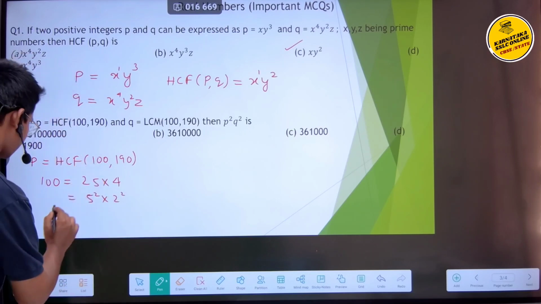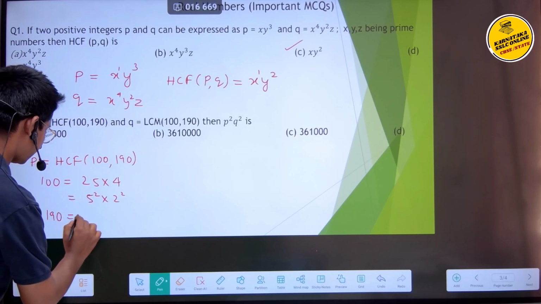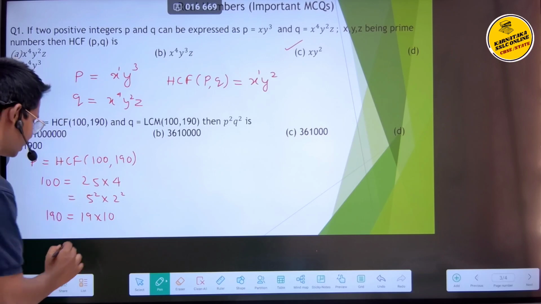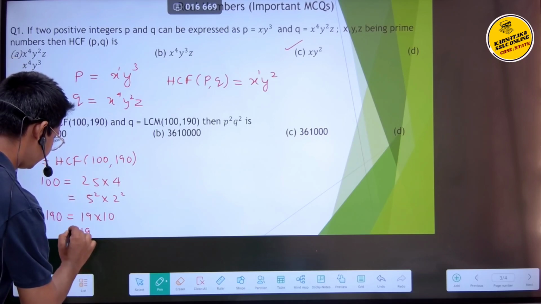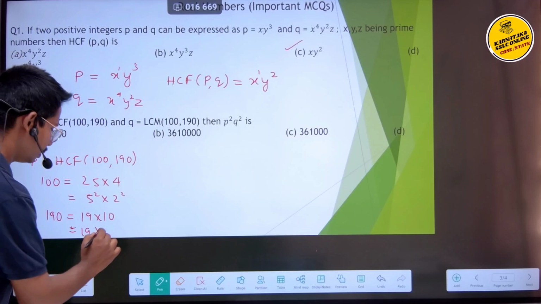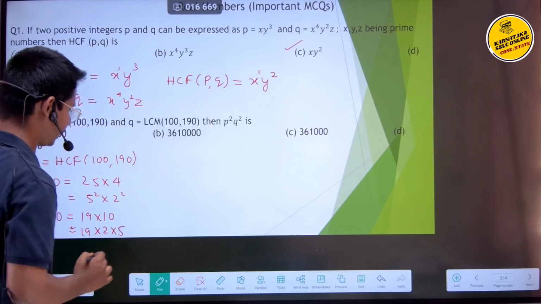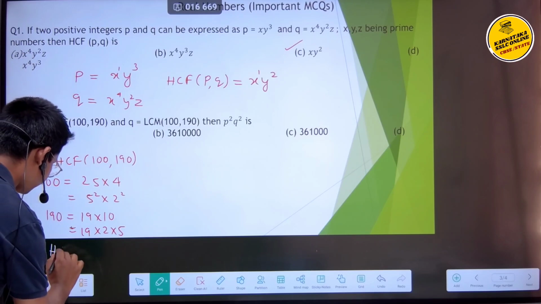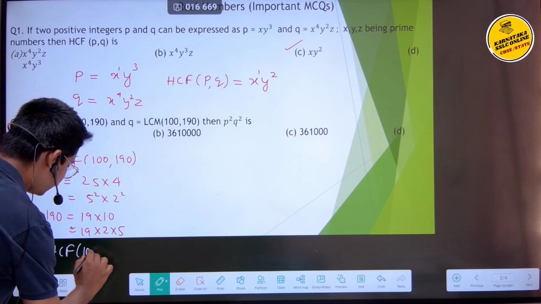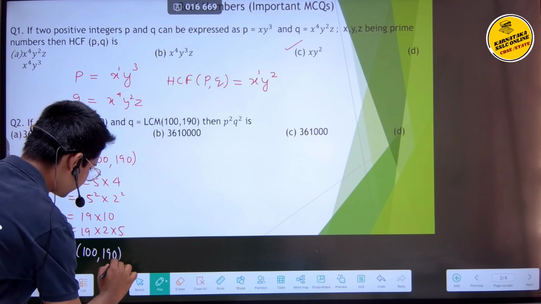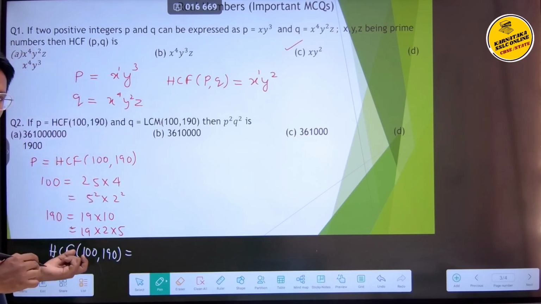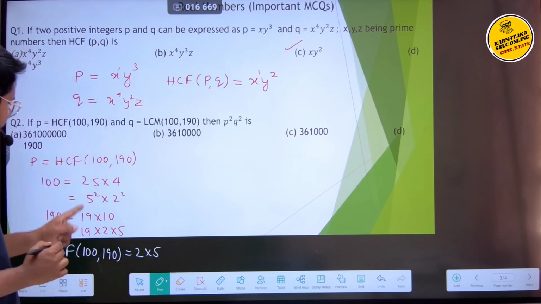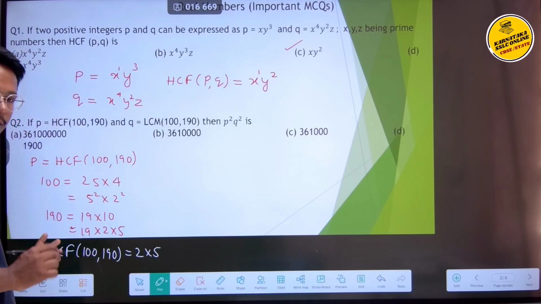Similarly, 190 I'll write as 19 into 10. 19 is already a prime number, so I'll write 19 as it is. 10 you can write as 2 into 5. Now I will select the HCF of 100 and 190, which means you take only common factors. 2 and 5 are the common factors in both the numbers, with the least degree.